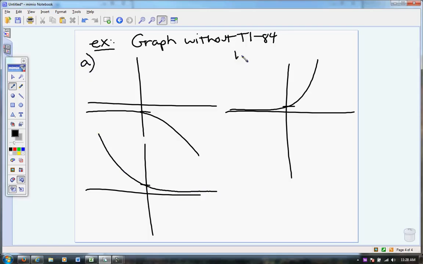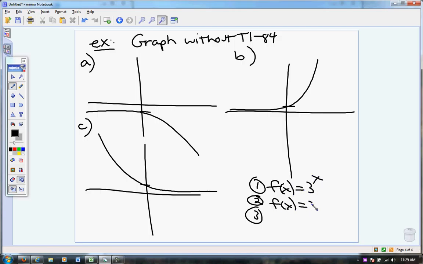A, B, C. And then they're going to give you some problems. We'll call this problem 1, 2, 3, and they'll say f of x is 3 to the x, f of x is 3 to the negative x, f of x is negative 3 to the x. I don't know. I didn't give you a fourth graph, but I'll throw this up as a possibility: negative 3 to the negative x.